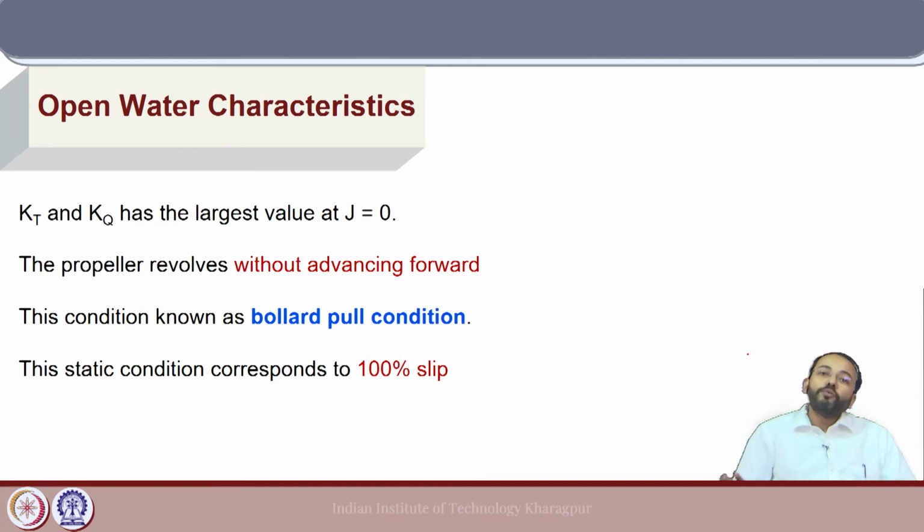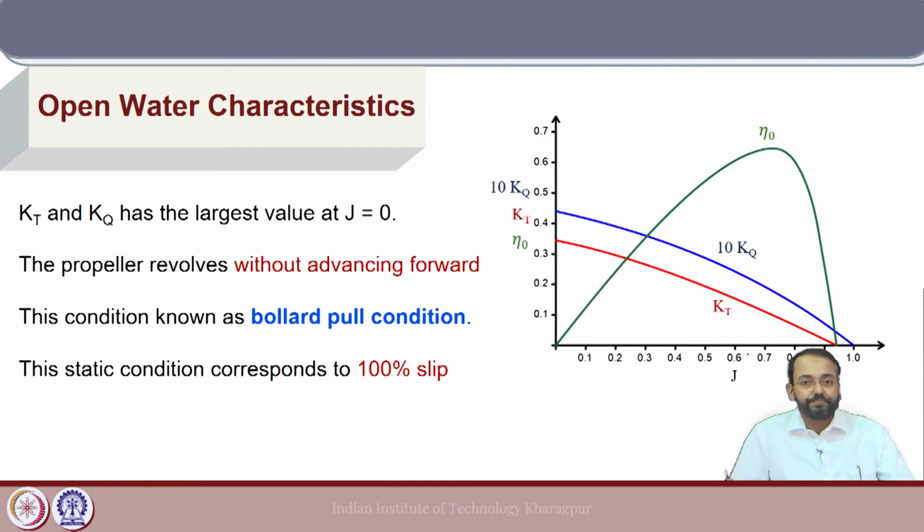If we relate it to the slip that we have discussed in propeller geometry, this is the condition of 100% slip, because the propeller is not moving forward and only rotating. So, this condition is the extreme case here for J equal to 0, where we have the highest value of KT and KQ.